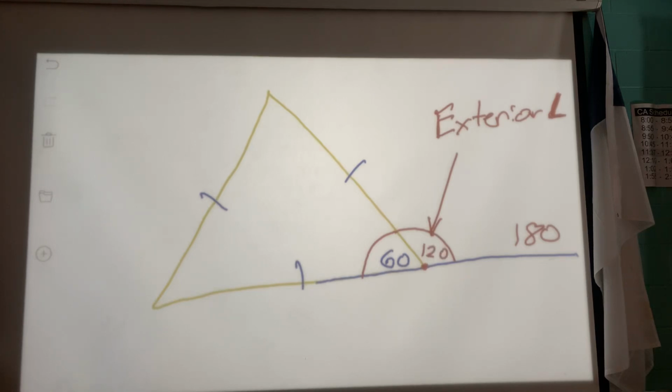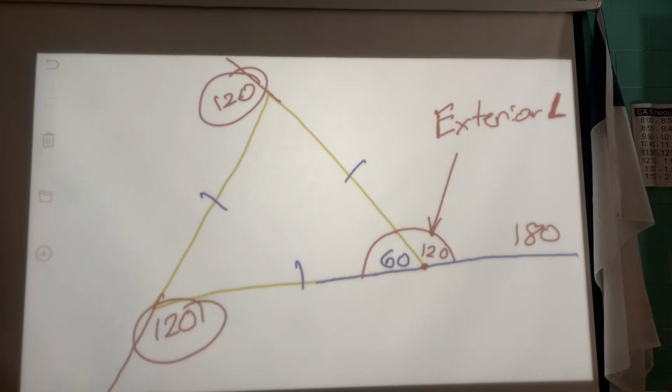But we're going to have 3 of those. If I extend on up here, that one's going to be 120. And then if I extend here, this one's going to be 120. And so if I add all 3 of these exterior angles, the total of the exterior angles is going to be 360.